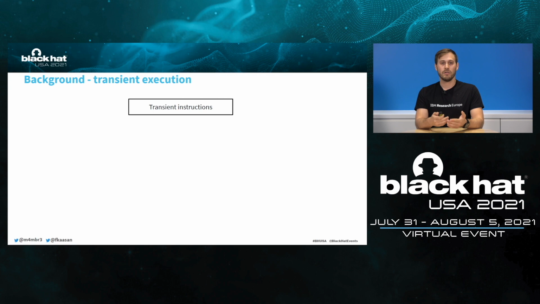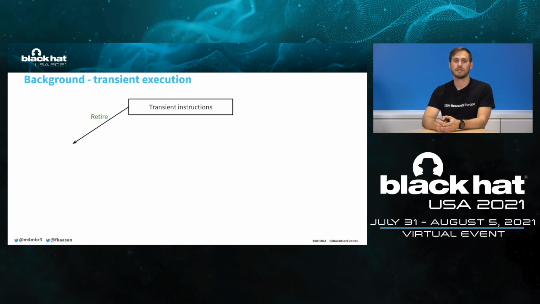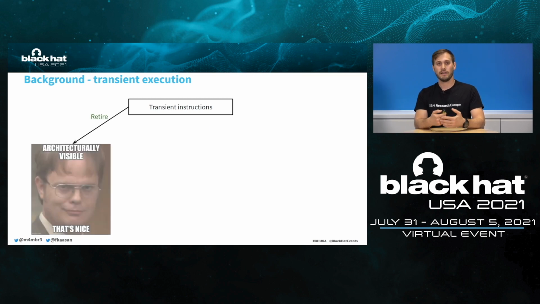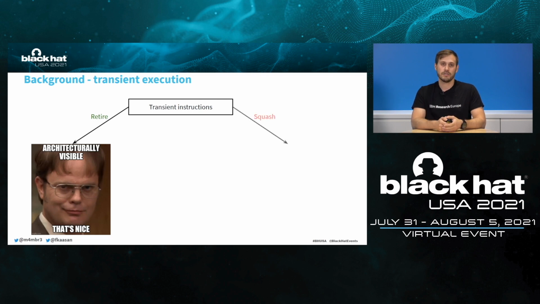So we don't know what the outcome of each of these instructions will be until the very end. When they reach the end of the pipeline, the CPU will decide whether to retire these instructions, which means their side effects will be architecturally visible to our program, or to squash them.